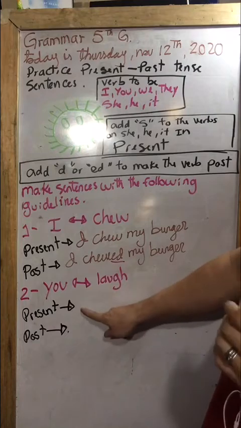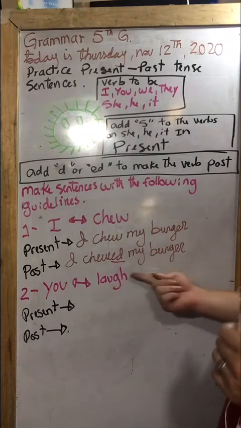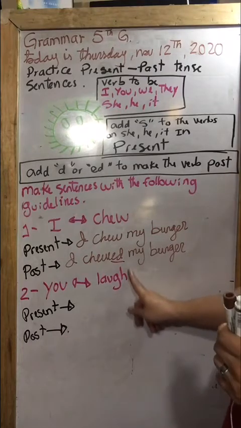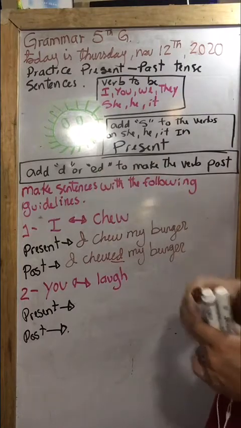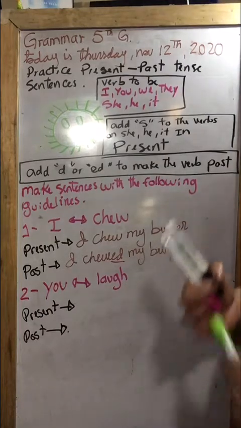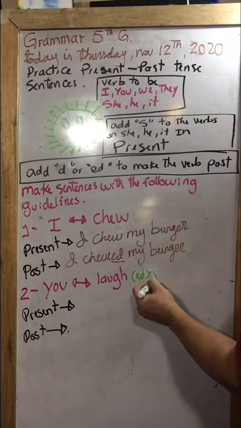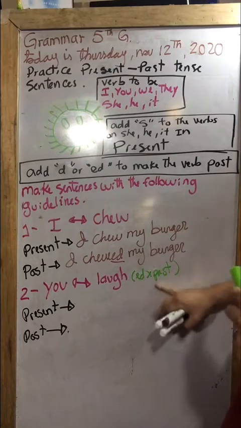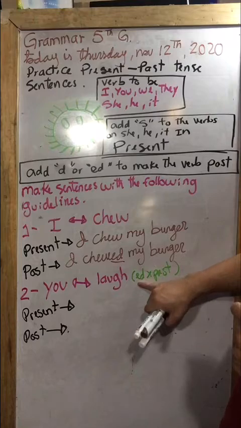So what am I gonna write? For an example, you can write, you laugh a lot, okay? And you don't change anything because it's in present. But in the past, as in here there's no vowel, you have to add ed. So in here, I can write a little ed for past. So you can know that laugh in past is gonna be laughed, okay?